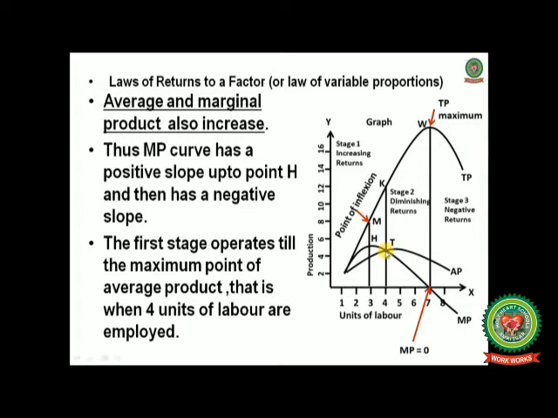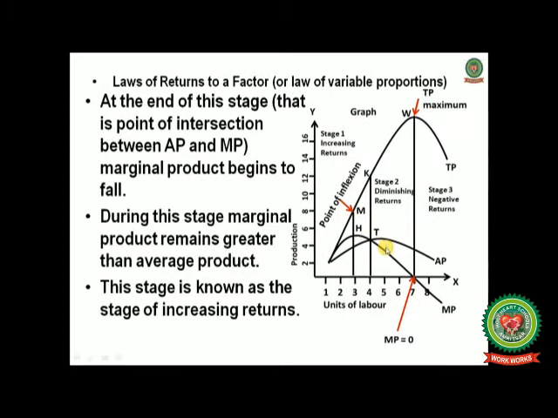Both will intersect with each other. This is the end of the first stage. At the end of this stage, at the point of intersection between AP and MP, after this point of intersection marginal product will start falling. You can see in the diagram that marginal product starts falling after the point of intersection, that is point T.